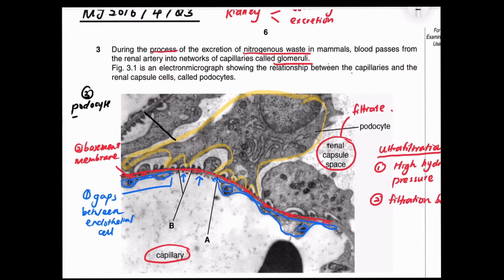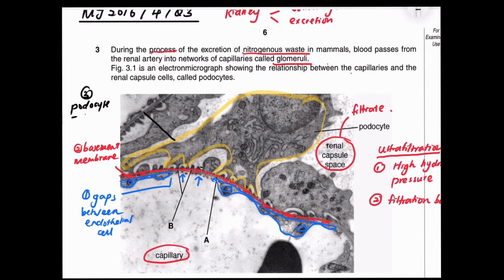So this podocyte is a cell that has foot processes, which are the finger-like projections, where between the feet you have the gaps known as slits. So this acts as a passage for the filtrate to pass through.